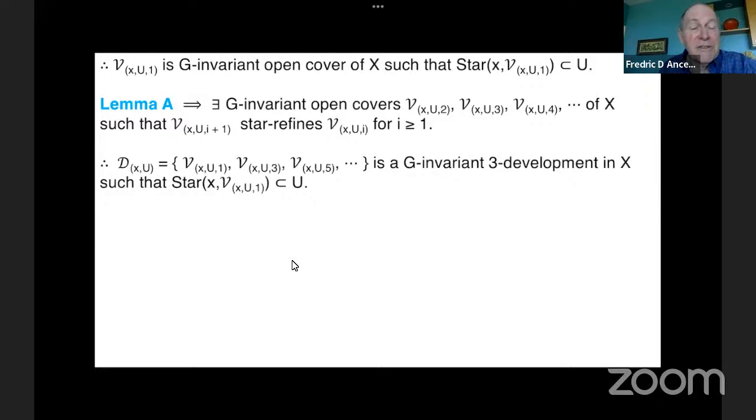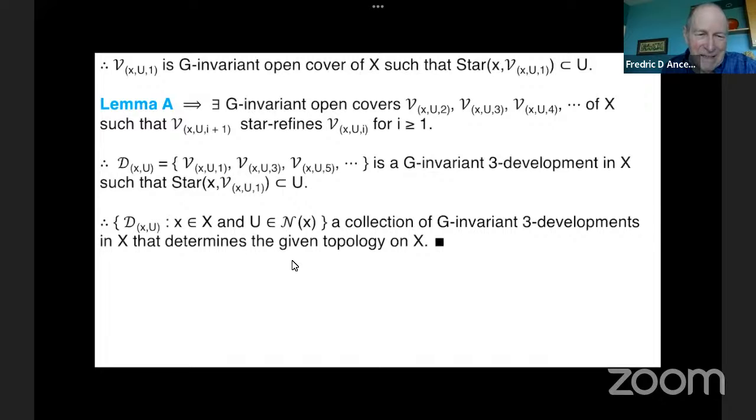And the star of the first element of the development at the point X is contained in the open set U. So if I do this for every point and open set that contains it, I'll get a collection of G invariant 3 developments that determine the given topology. So that's what the lemma said exists.